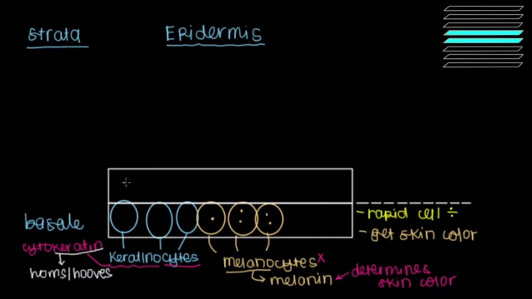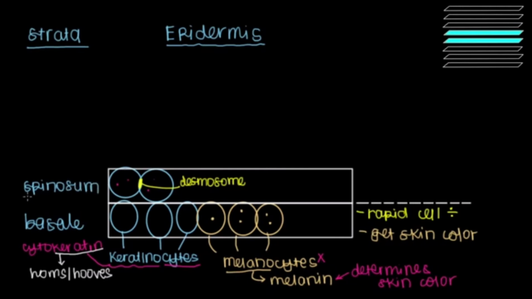As we move up to our next layer, we see keratinocytes and a unique feature: little connections generated between our keratinocytes, called desmosomes. This gives the name of this layer, the stratum spinosum.